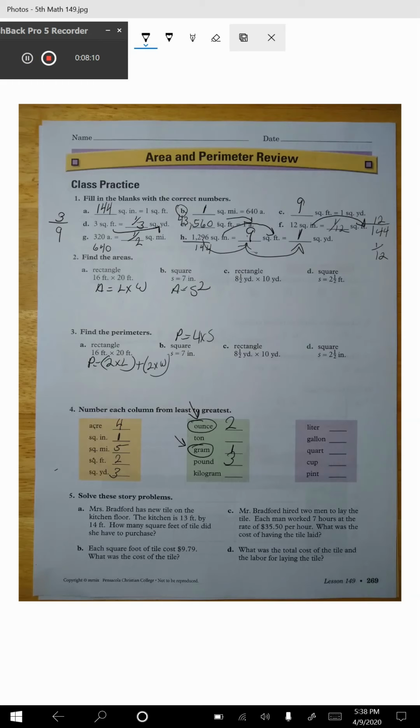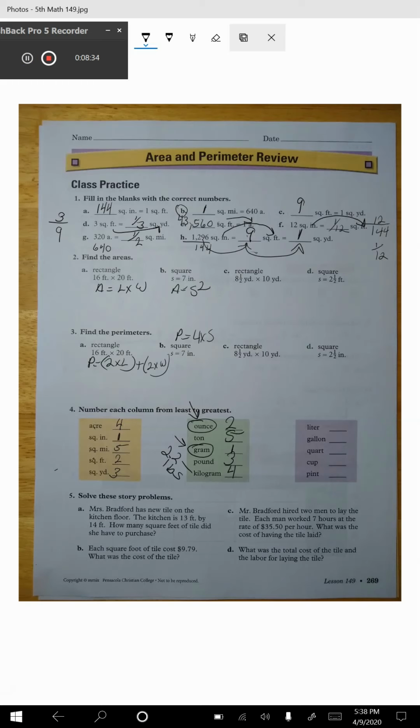Here we go. 1 kilogram is 2.2 pounds. So just a little over a pound. So a kilogram sounds really big, 1,000 grams, but still only 2.2 pounds. Not even a bag of potatoes. So obviously ton's the biggest because that's 6,000 pounds.